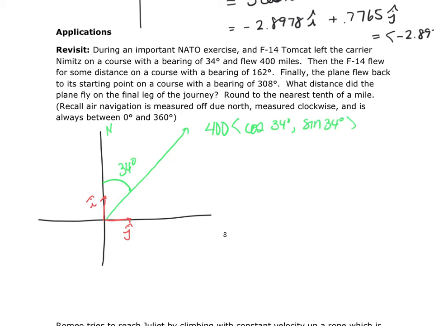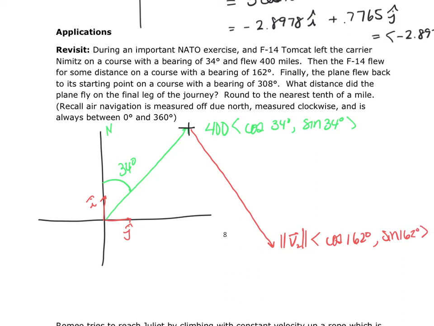And that means when I do my turn here, and I'm going to have a bearing of 162 degrees, bam, 162 degrees. I'm going to have some magnitude. I'm going to call this V2 magnitude, and it's going to be the cosine of 162 degrees, and then the sine of 162 degrees. Check that out. Isn't that sweet?